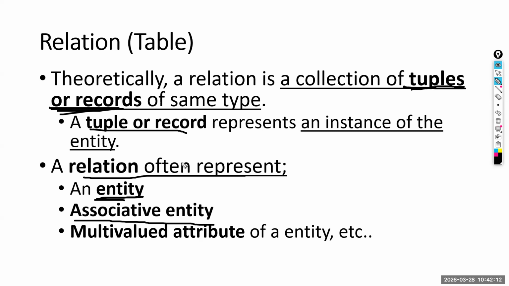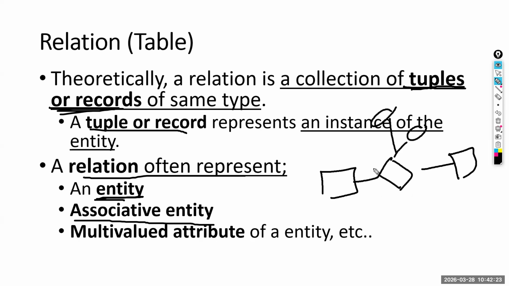Remember when we model, we use something called associative entities, something like this. We added some attributes here, so then it's an associative entity. Sometimes we draw it like this also. Those associative entities will also become tables, not only your major entities. Both your strong and weak entities will be tables, but these associative entities will also be tables. And your multivalued attributes, like skills or languages, will also end up as relations or tables.